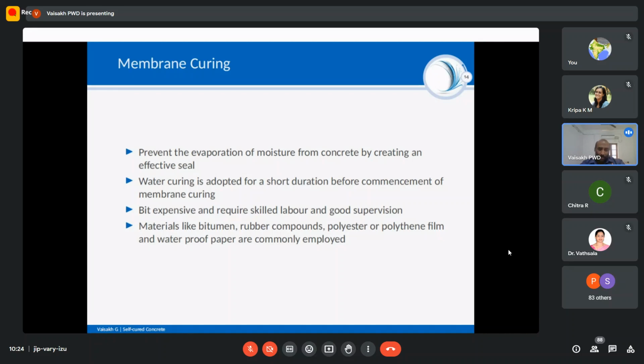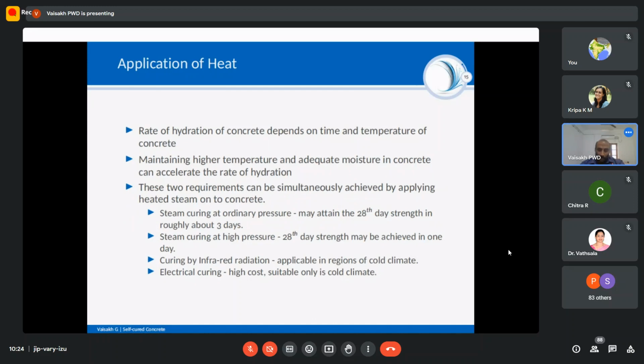Usually commonly used materials are bitumen, rubber compounds, polyester, polythene filling, waterproof paper, etc. Actually, membrane curing is very similar to internal curing in that both of them use the water that is already there in the concrete, which can be treated as a process of self-curing itself, because we are not adding additional water.